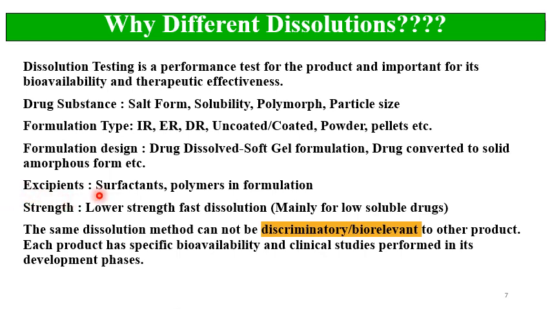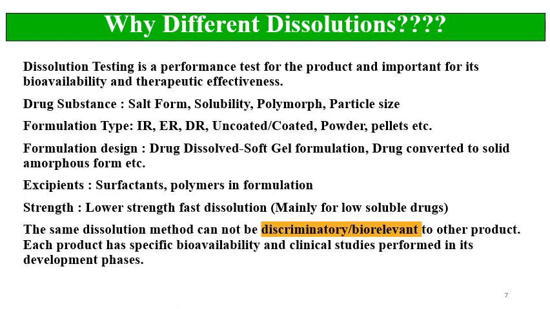Then some excipients are available in the formulation, like surfactants and polymers, and these have an impact on the dissolution and the drug release. Then the strength. Strength means the label claim. Lower strengths have fast dissolution, mainly for low soluble drugs. The same dissolution method cannot be discriminatory or biorelevant to the other products.